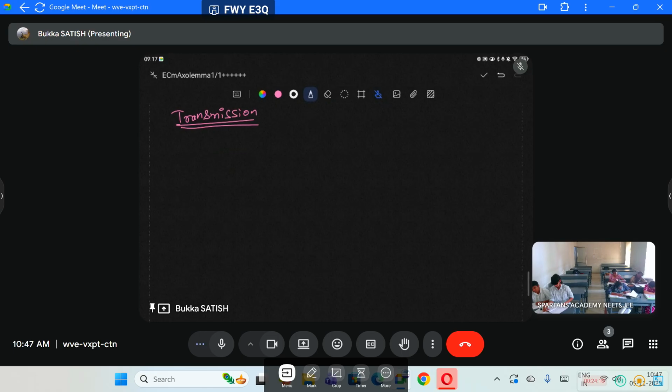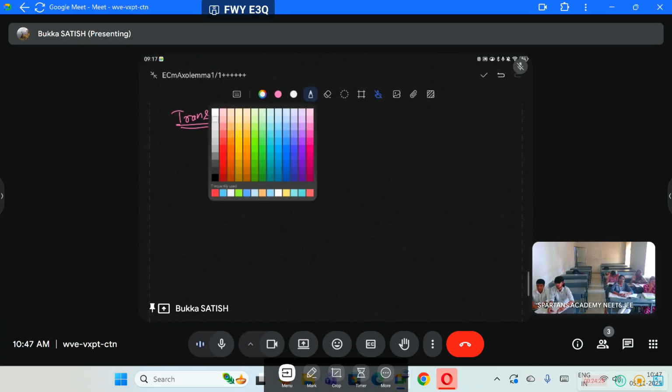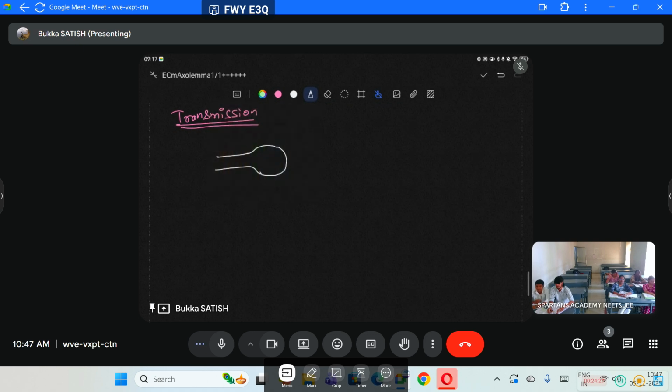See, this one is a simple logic. Let us take this is the axon end. The axon terminal is this. Let us take the next membrane which is in contact with this, or to which this nerve impulse has to be transmitted.